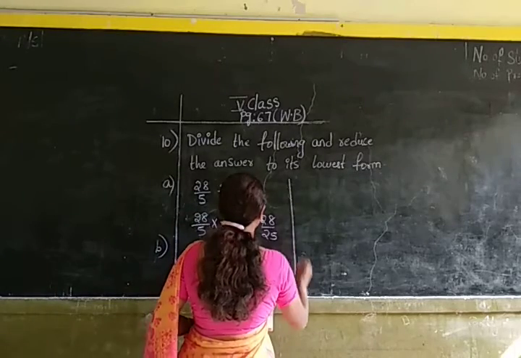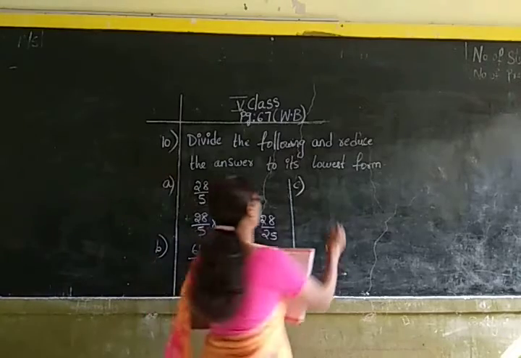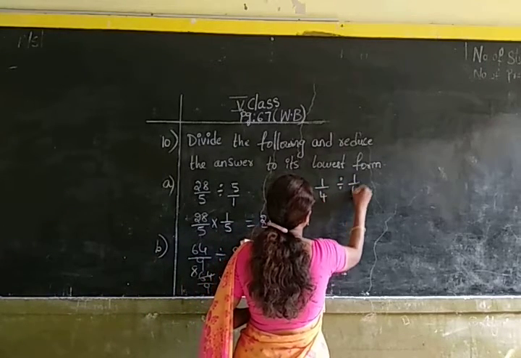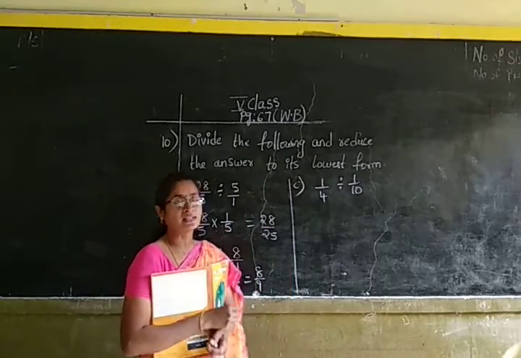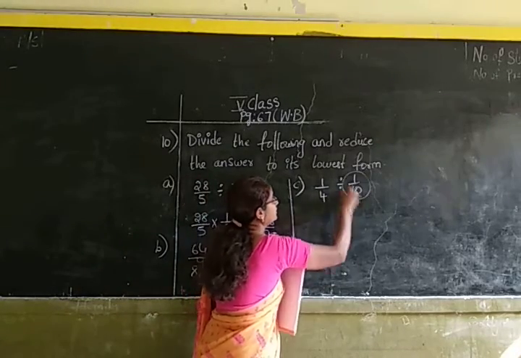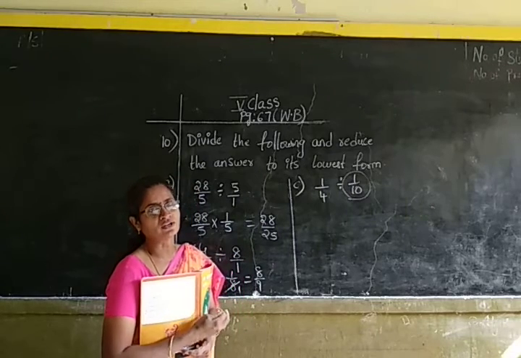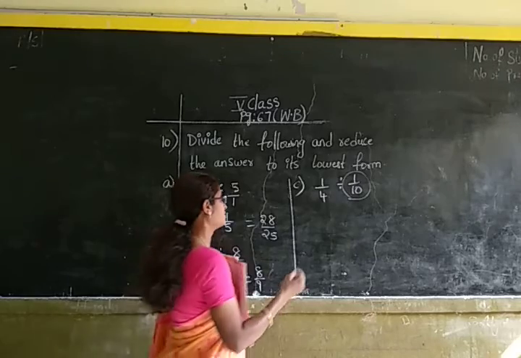Now let us do the C sum. 1 by 4 divided by 1 by 10. First we have to write the reciprocal of the second fraction and then multiply it with the first fraction.